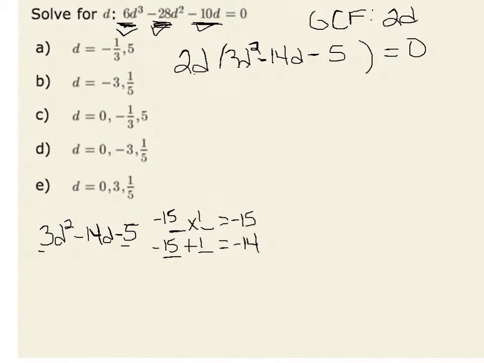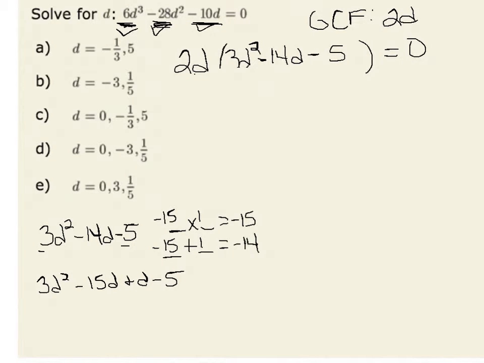Therefore, using the factor by grouping method, I would rewrite negative 14d as negative 15d plus d. So we have 3d squared minus 15d plus d minus 5.